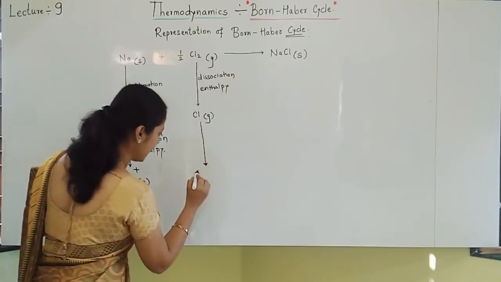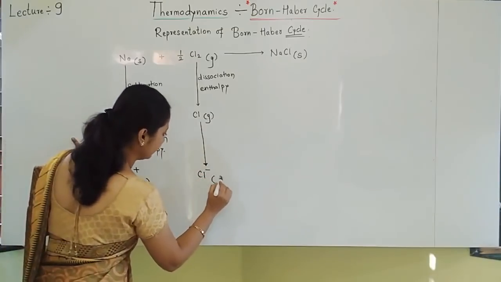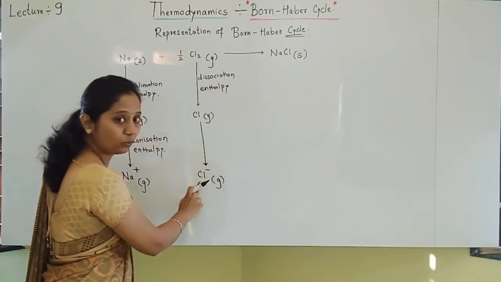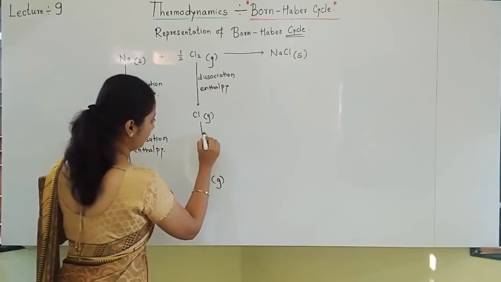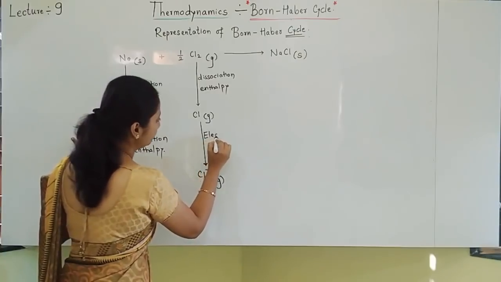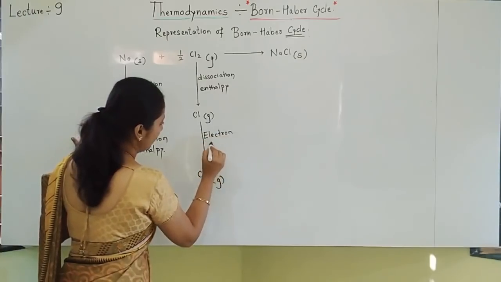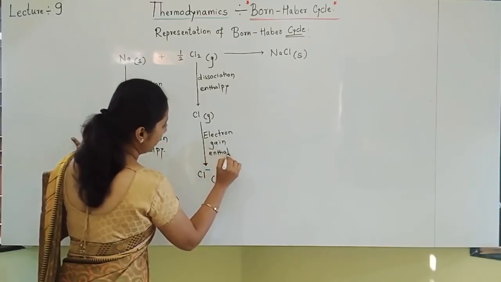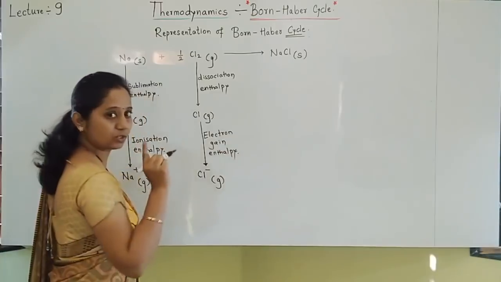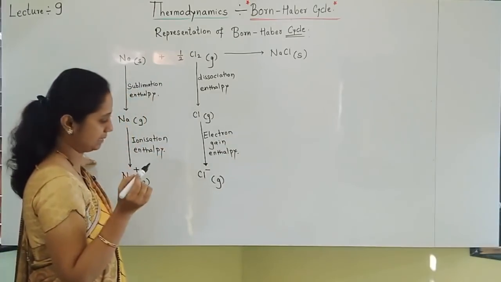We don't want Cl gas. We want chloride ion. How will we get that? By gaining an electron. Electron gain enthalpy, student, it is also called electron affinity.